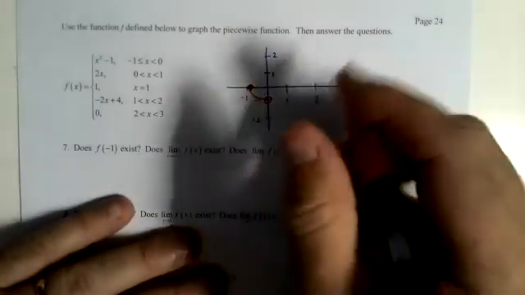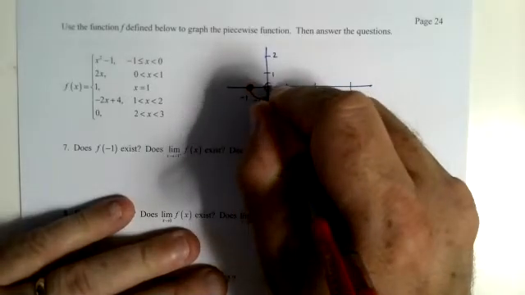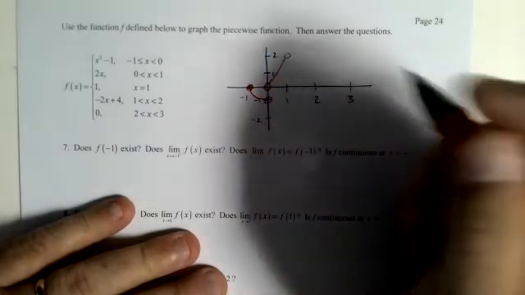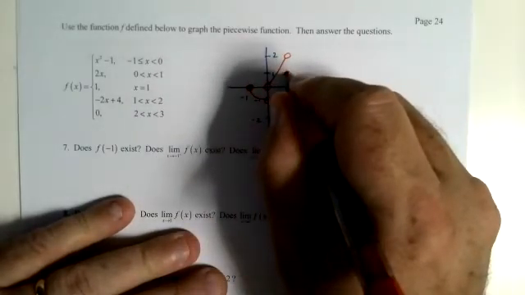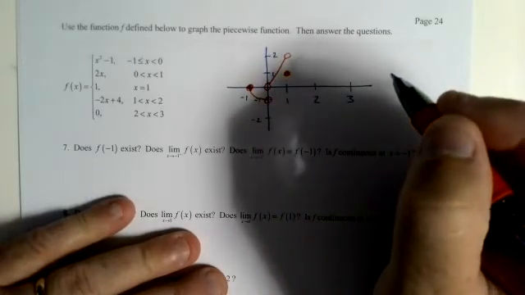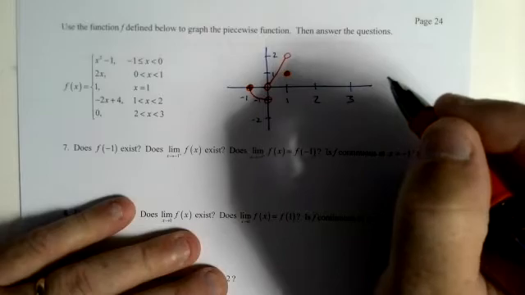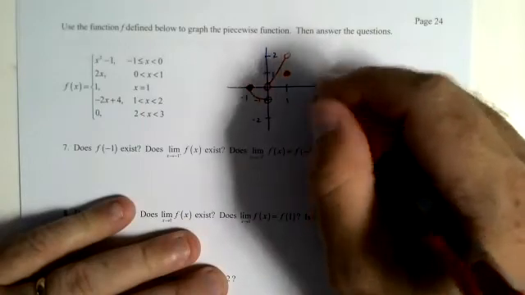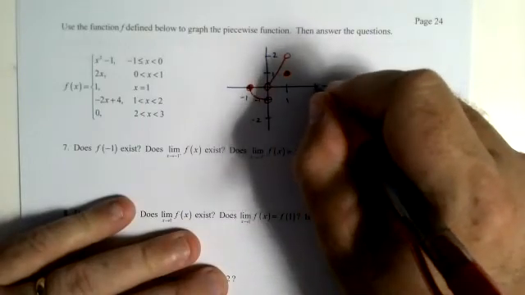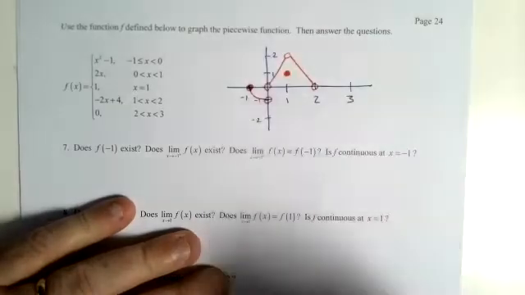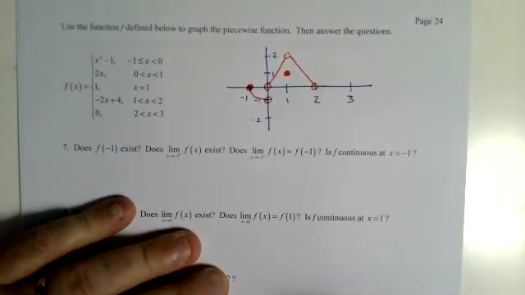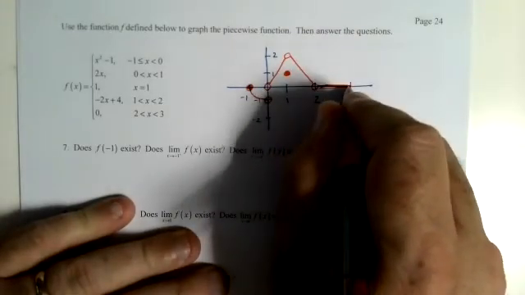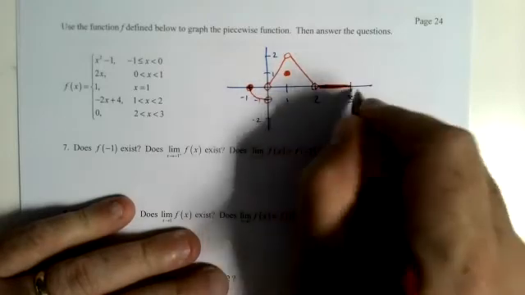And then 2x, not including, not including. And then just 1. And then from 1 to 2, negative 2x plus 4, plug in 1, get 2, plug in 2, get 0. Open dot again. And then 0. So that's a line right here, which I'm going to have to make crazy thick so you can see it. And again, with an open dot at either end.